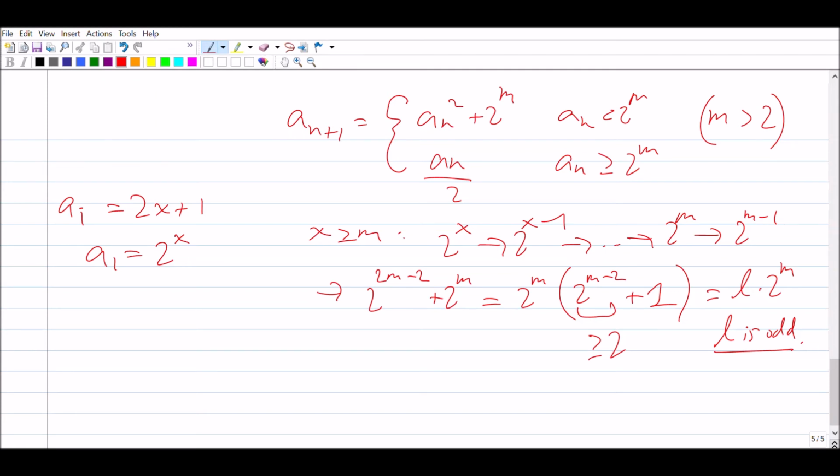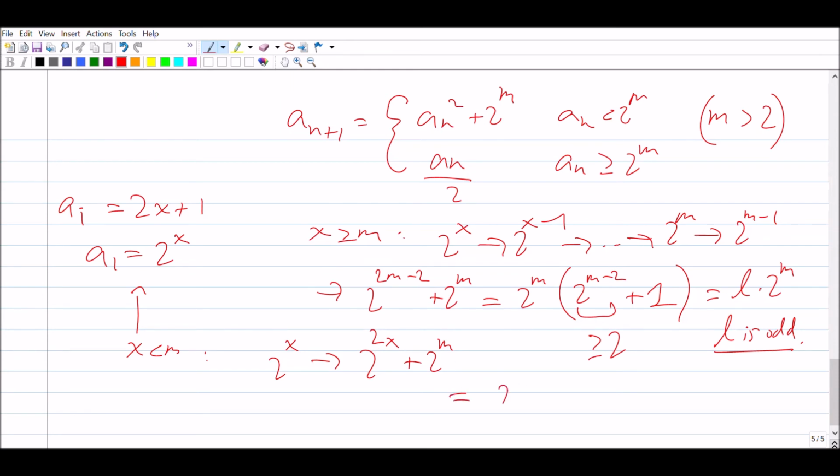The second case is when x is less than m. So then we have 2 to the power x, which is already less than 2 to the power m. So the next term will be 2 to the power 2x plus 2 to the power m. Now, depending on whether 2x is larger than m or m is larger than 2x, we'll factor that out.